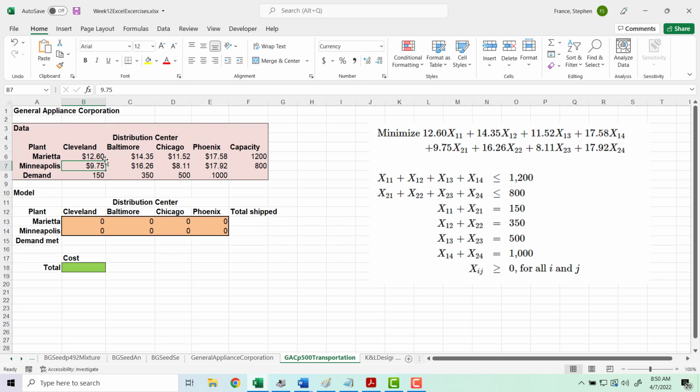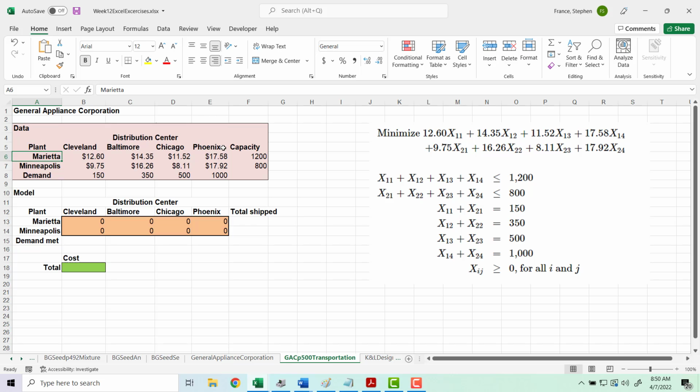Now, each of these journeys has a cost per unit. Again, we're keeping this very simple. It doesn't depend on the number of units. And obviously, Cleveland and Minneapolis are both in the Midwest, so it's less than, for example, between Cleveland and Marietta. So it would make sense to send more from Minneapolis to Cleveland than maybe from Marietta to Cleveland.